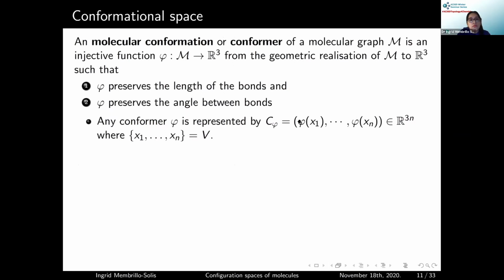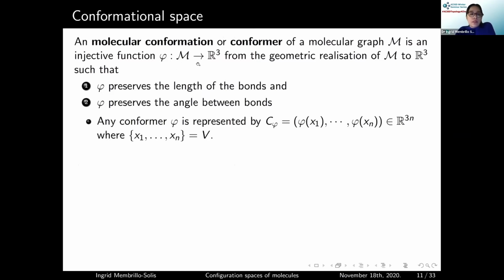Okay, so what is then a conformation? A molecular conformation, or conformer, of a molecular graph M is just an injective function from our geometric realization of M into R3, such that I have the following properties. First, this function has to preserve the length of the bonds, and also it has to preserve the angles between bonds.